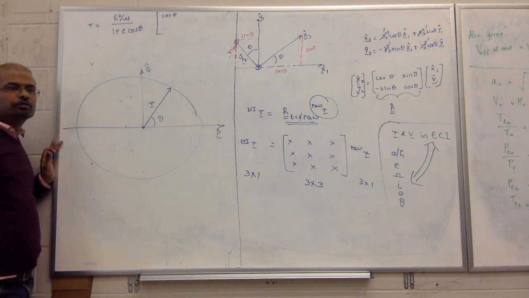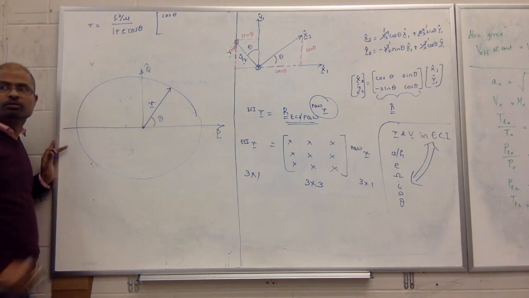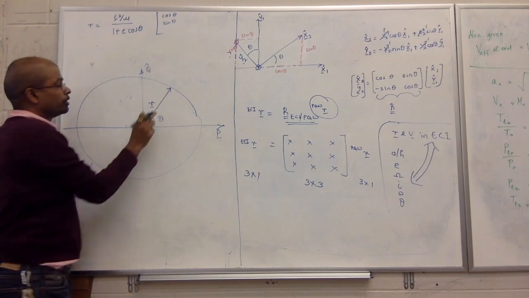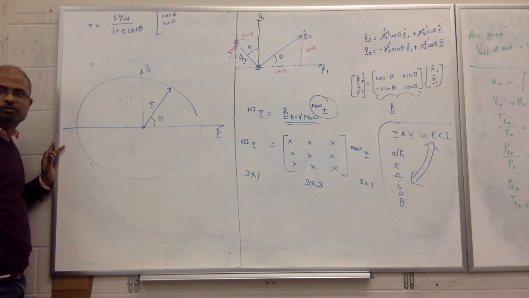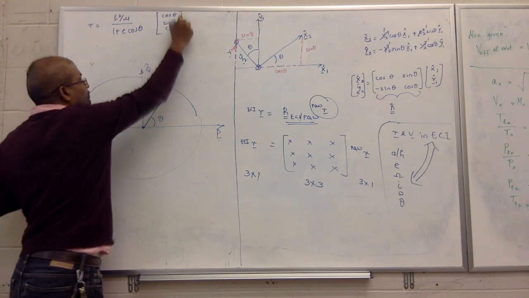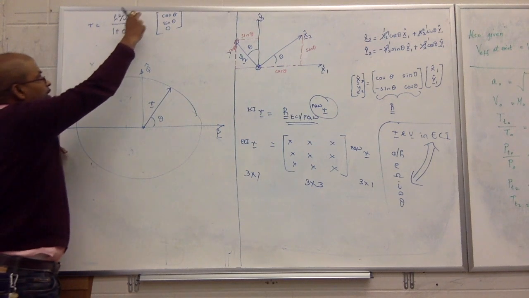Right. You get it? What is the Q component? Sine theta. What is the W component? P cross Q. There is no W component. Right. You get it? This into this.